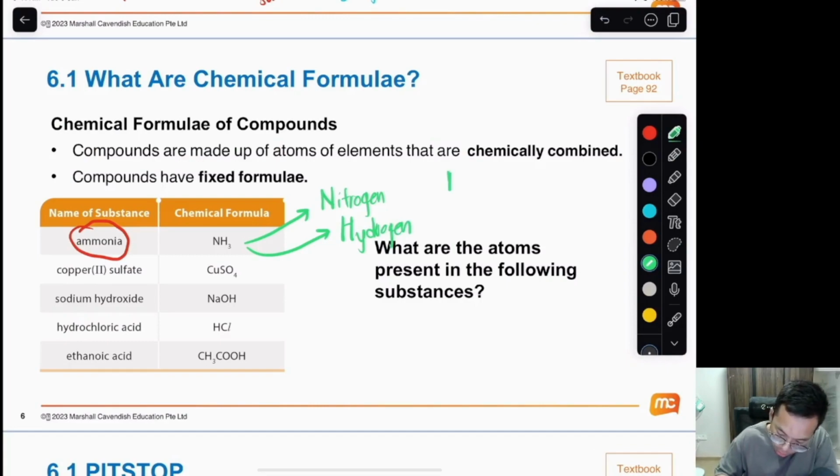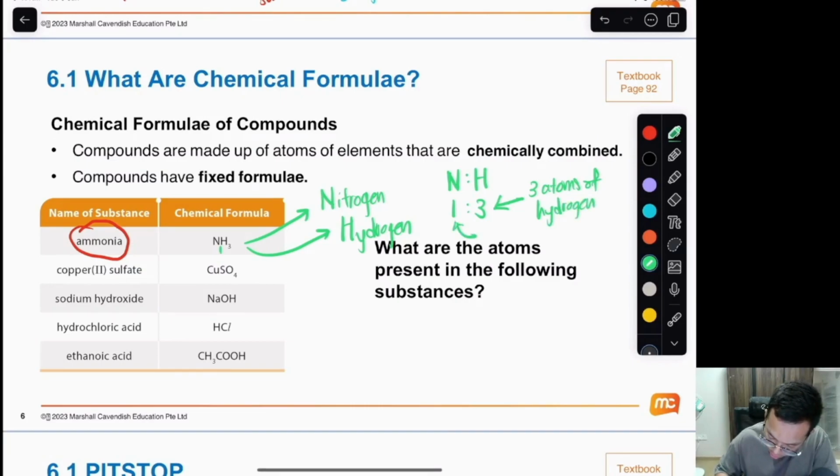So now if I were to put it in ratio terms, N is actually N1, and H is actually H3. So if I were to put in ratio, it's 1:3. This indicates that there are 3 atoms of hydrogen and 1 atom of nitrogen.